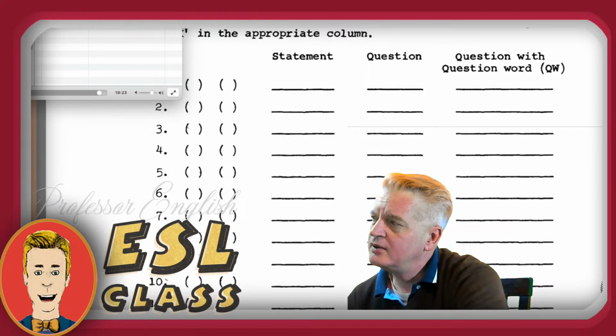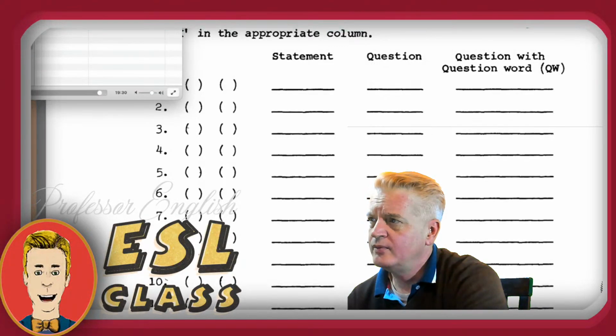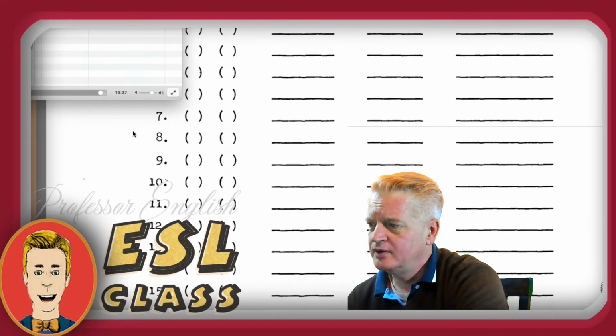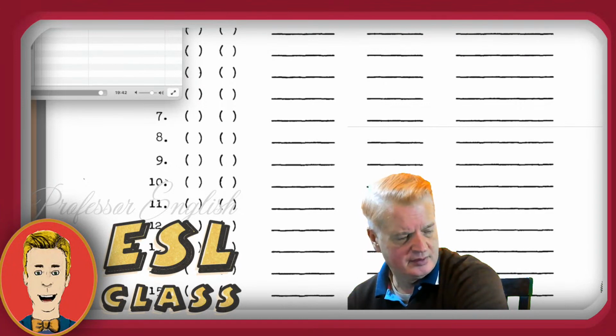9. Der Bahnhof ist dort links. Der Bahnhof ist dort links. 10. Verstehen Sie mich? Verstehen Sie mich? That's a question. 11. Ich verstehe Frau Kunze nicht. That's a statement.